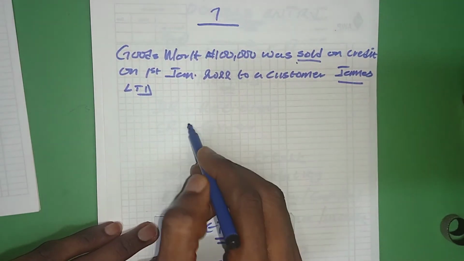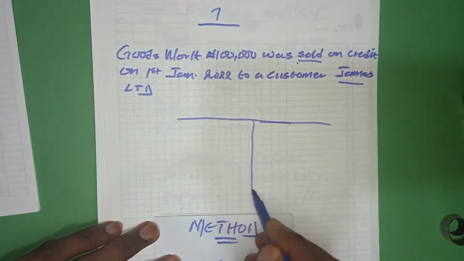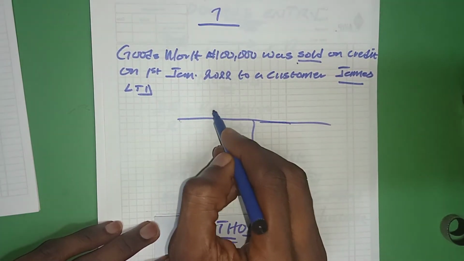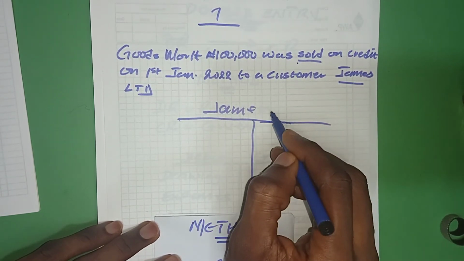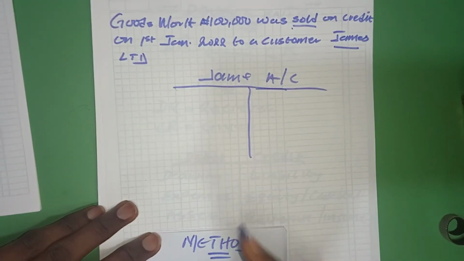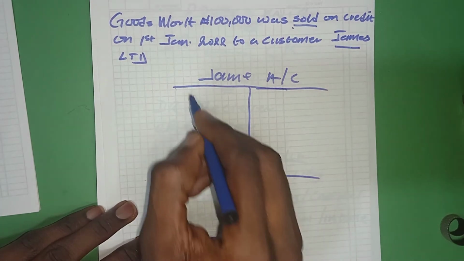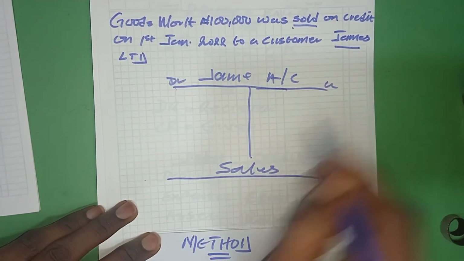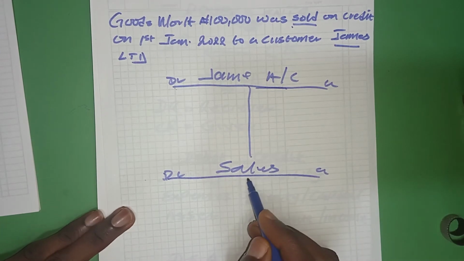You do it like this: James and sales. Debit, credit, debit, credit.